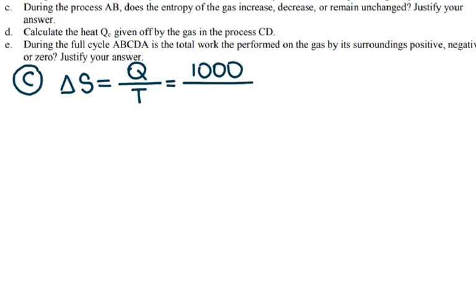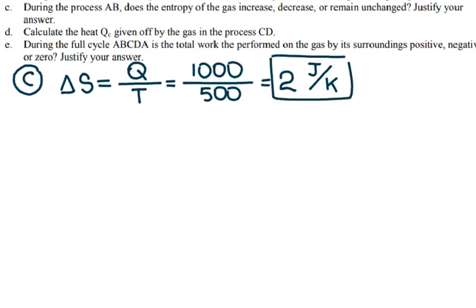And the temperature stays the same, 500. So the entropy of the system increases, and it is equal to 2 joules per Kelvin. So we can say that the entropy of the gas increases because Q is positive, it's added into the system, and the gas is also expanding, so the entropy is increasing.